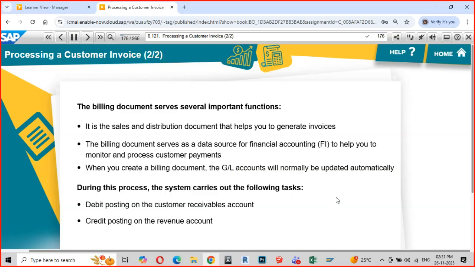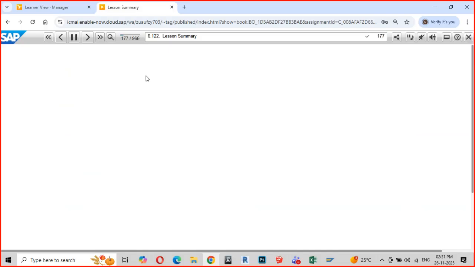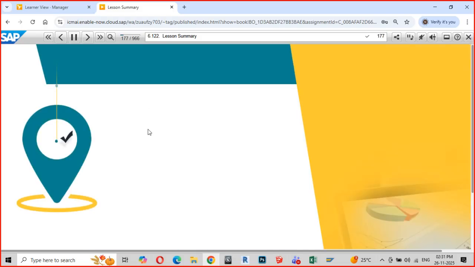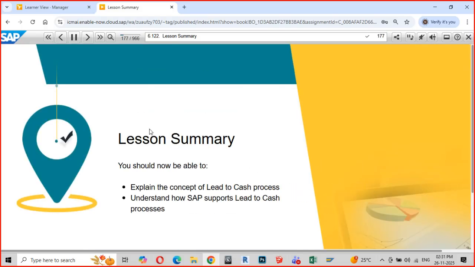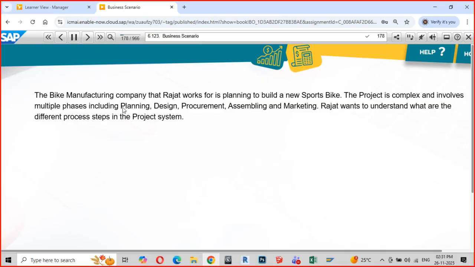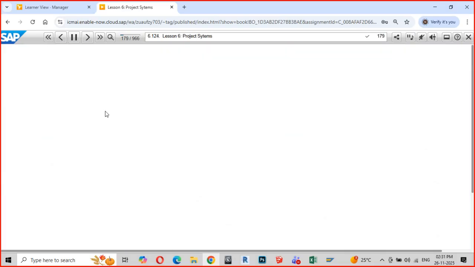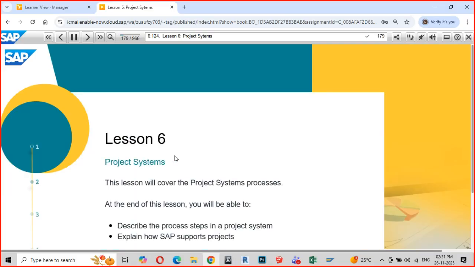Clear? So this is where it is all picked up. Explain the concept of lead to cash process. So this ends the lead to cash process. And the remaining processes, students, I think they're all self-explanatory. Okay. So let us quickly round up on that.